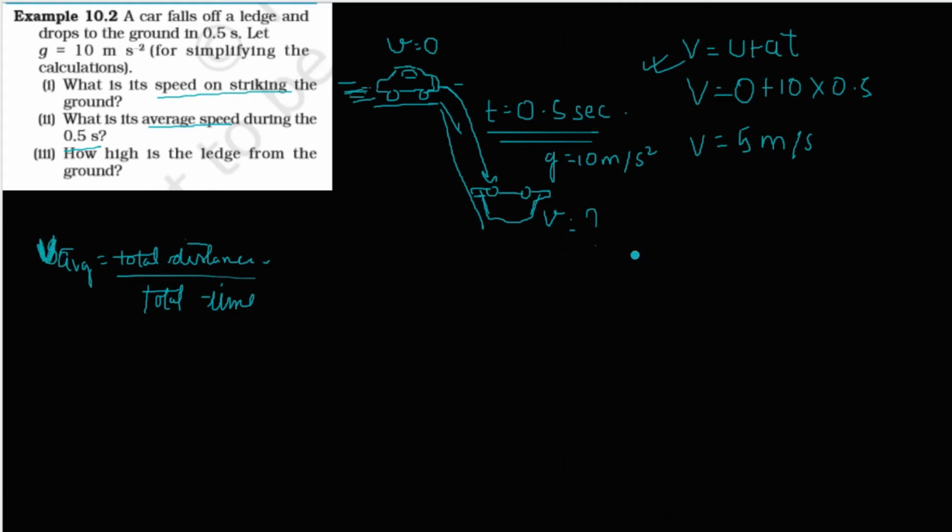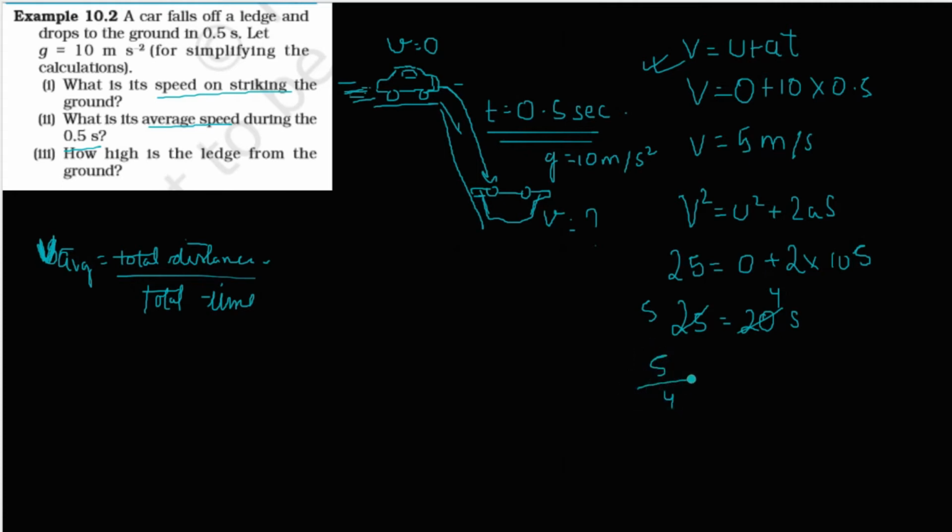We need to find s. Call the final speed v. v square is equal to u square plus 2as. Now we have 25 is equal to 0 plus 2 into 10 into s. Now 25 is equal to 20s. 5 by 4 is s.